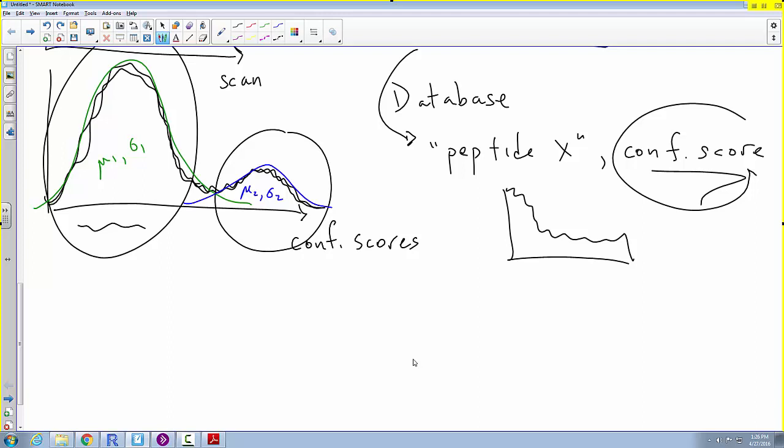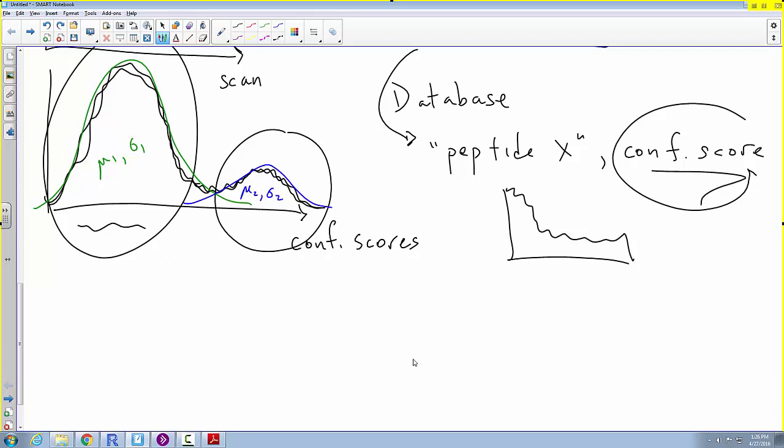If you have those estimates, if you fit the model, then you can quantify in a probabilistic way how likely it is that this peptide was correctly identified, roughly speaking, by comparing which of these two distributions it was more likely to have come from.